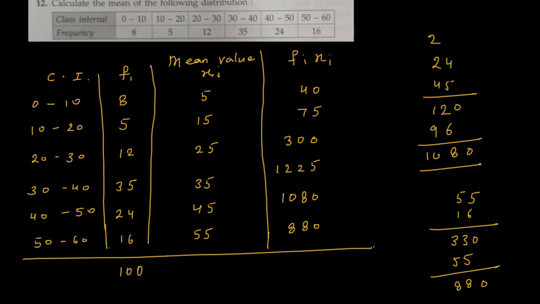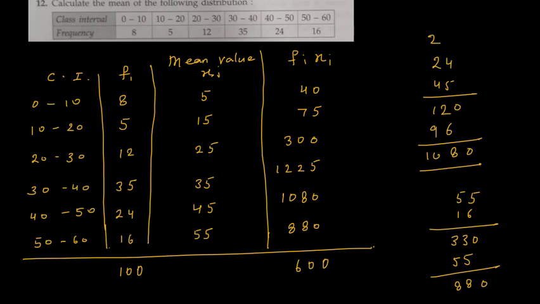Now here we add: 5 plus 5 is 10. Then 1 carry, so 4 plus 1 is 5, 7 plus 5 is 12, 12 plus this 10 is 22, 22 plus 8 is 30. Now 3 carry. So 3 plus 3 is 6, 6 plus 2 is 8, 8 plus 8 is 16, 1 carry.